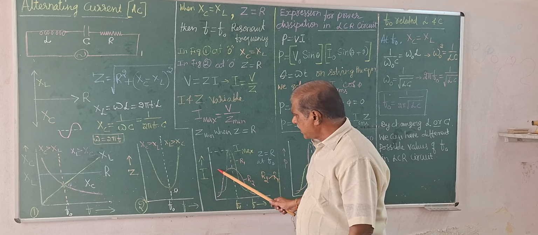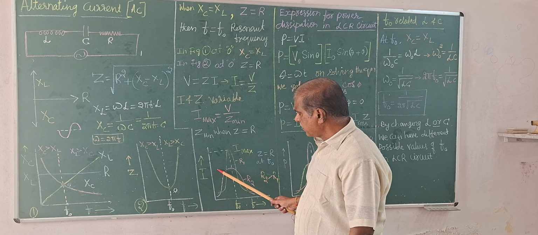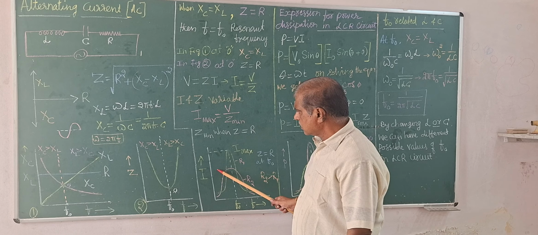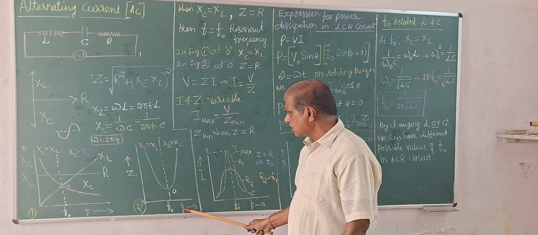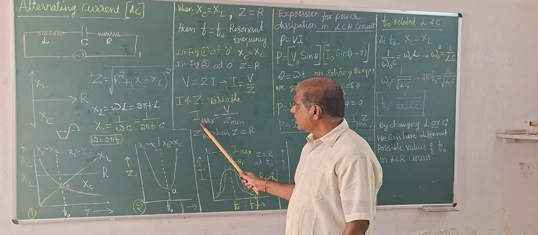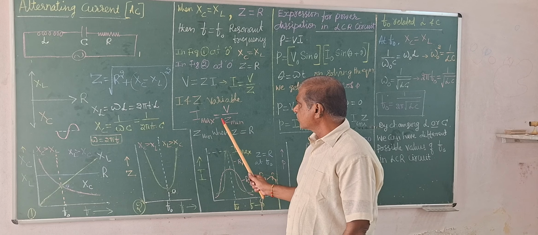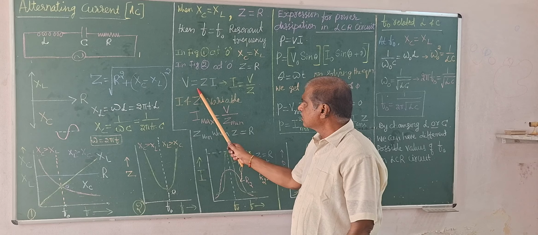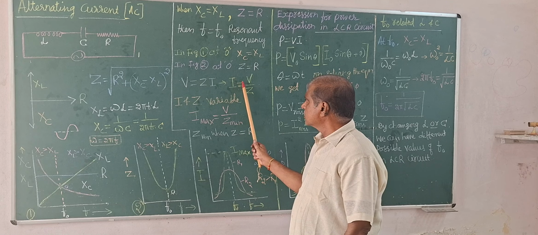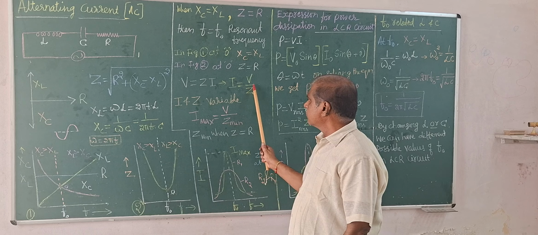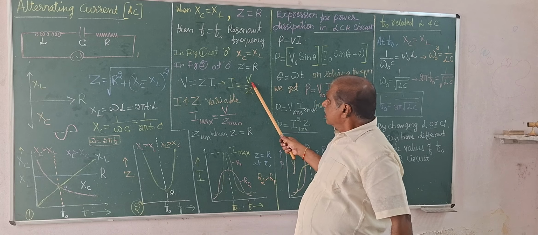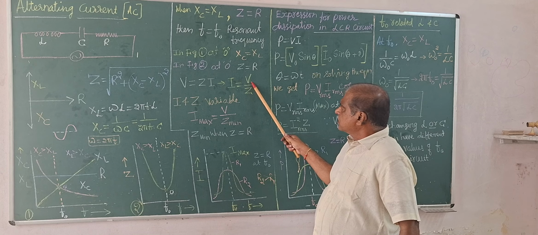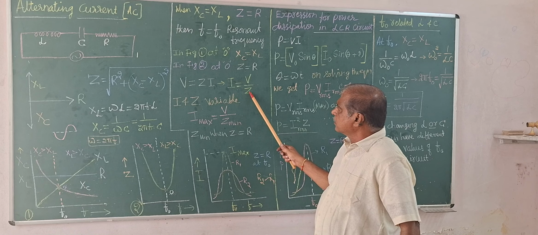One more experimental graph, one more experiment we can do. Since Z is a function of frequency, I should also be a function of frequency, because Ohm's law, I is equal to V by Z. For a certain AC voltage, these two are variables.